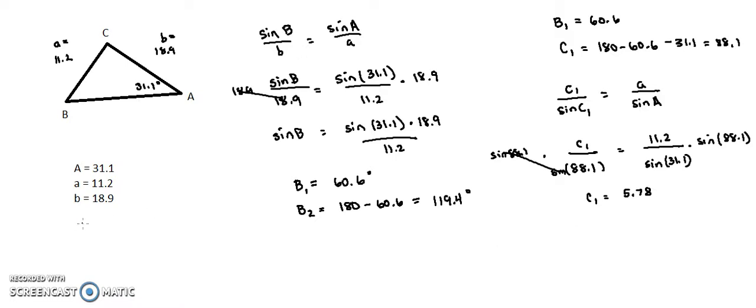So there's one possible triangle where B1 is 60.6, C1, these are angles, is 88.1, and little c1 is 5.78.